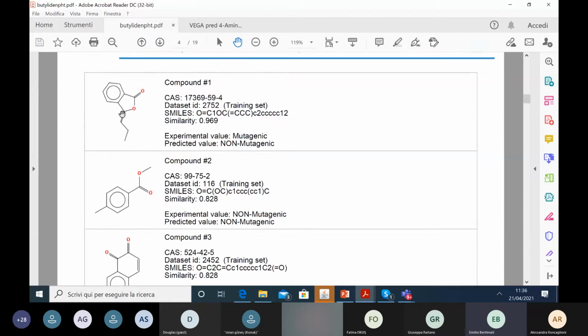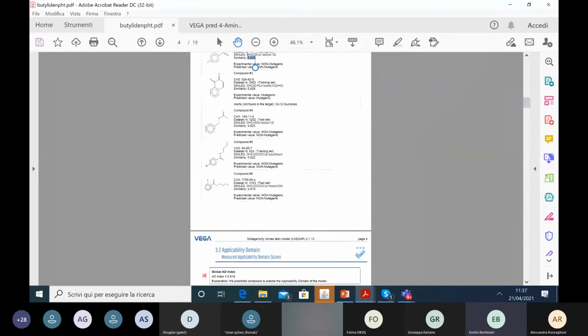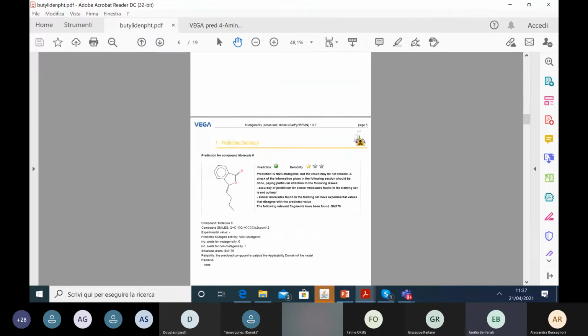It's a different story. This is not accounted as a different structure, but basically these two structures are very different indeed. Also, you can see this value is very much lower compared to this. So based on Caesar, I can arrive to this conclusion.